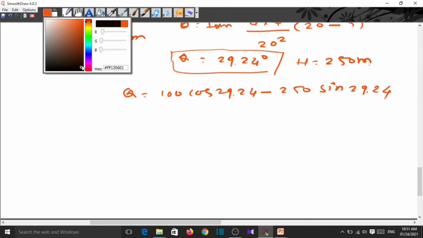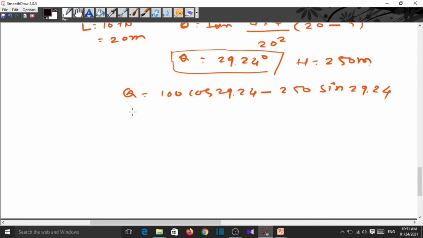So we got here the Q is equal to minus 34.85 kilonewton.